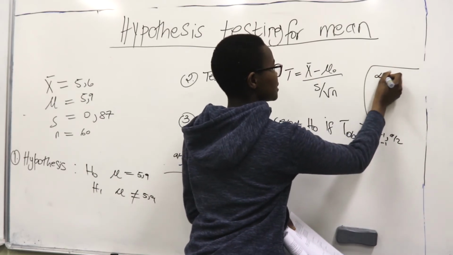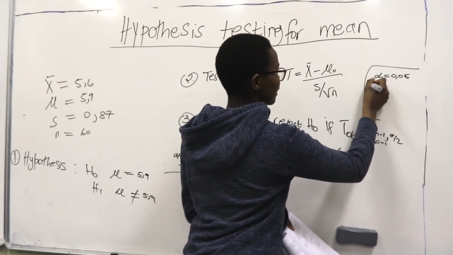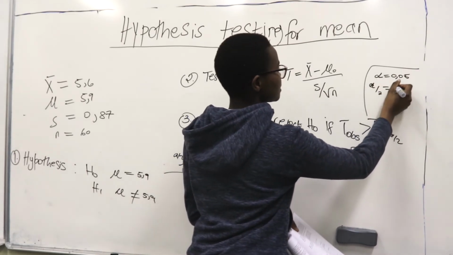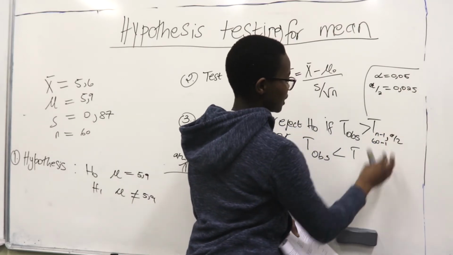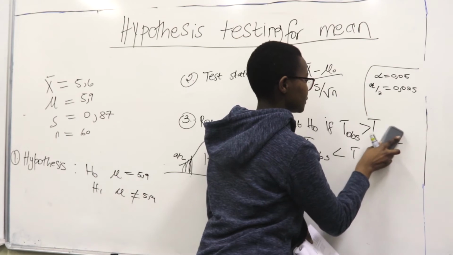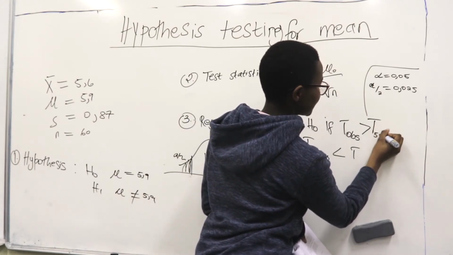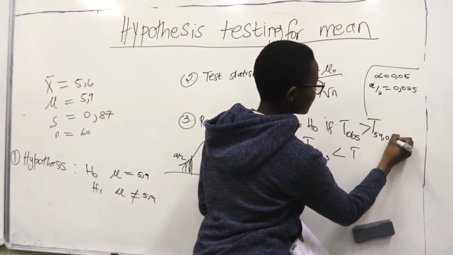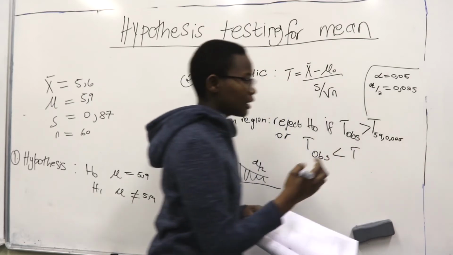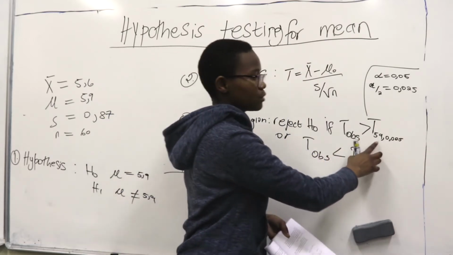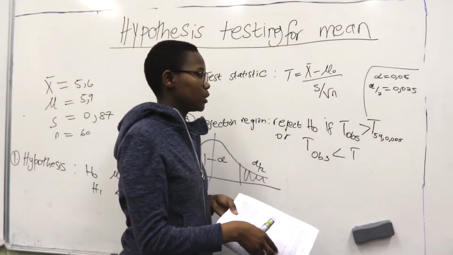Your alpha is 0.05, so your alpha divided by 2 is 0.025. So that's what you write down here: 59 and 0.025. Can you look for the T with 59 and 0.025 in the table?